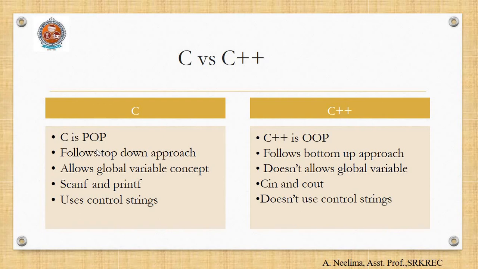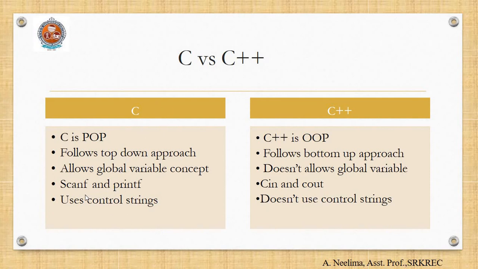So C is procedure-oriented programming, whereas C++ is object-oriented programming, and C follows the top-down approach, whereas C++ follows the bottom-up approach. C allows the global variable concept, whereas C++ does not allow the global variable concept.